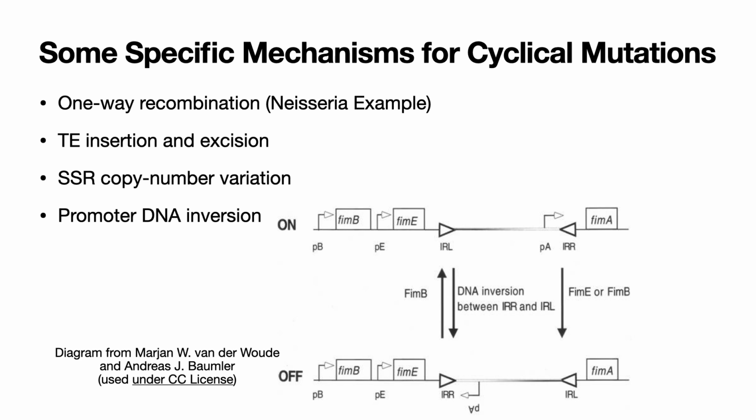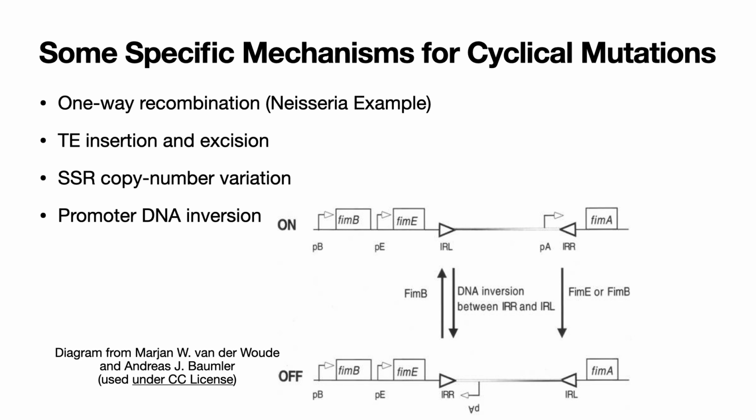You also have transposable elements. Transposable elements can be inserted, but they can also be excised, depending on the transposable element. And so for transposable elements that have enzymes for both insertion and excision, that operates as a cyclical mechanism, where you're revisiting previous states.